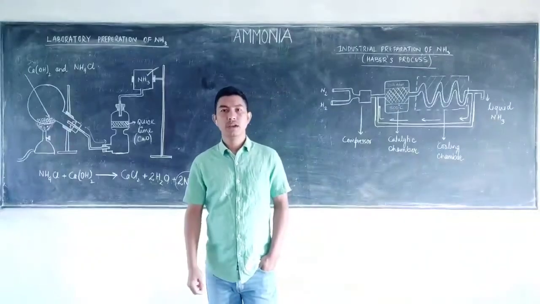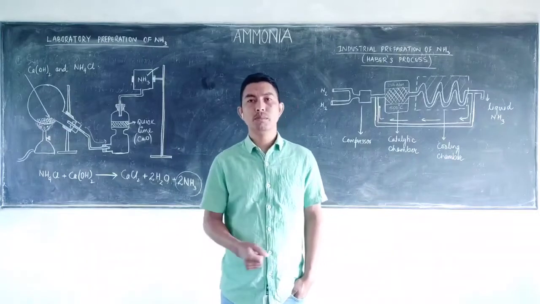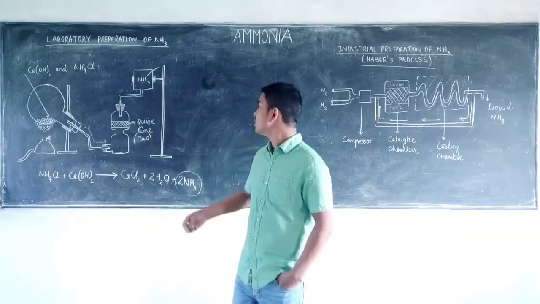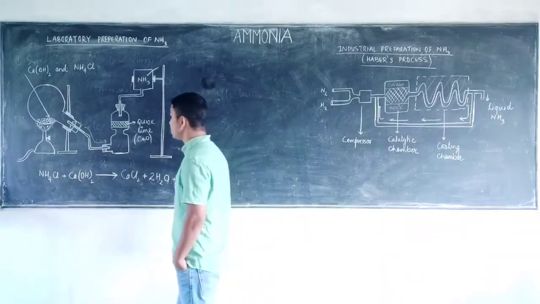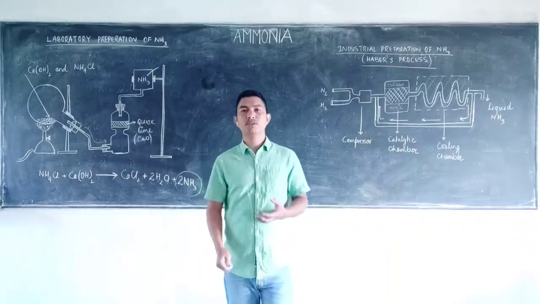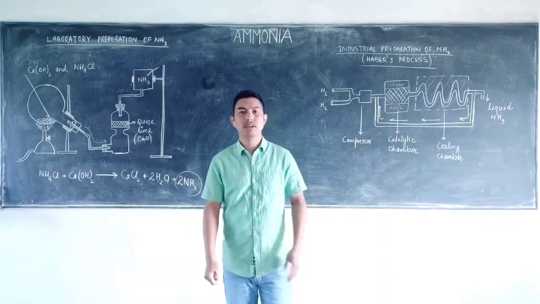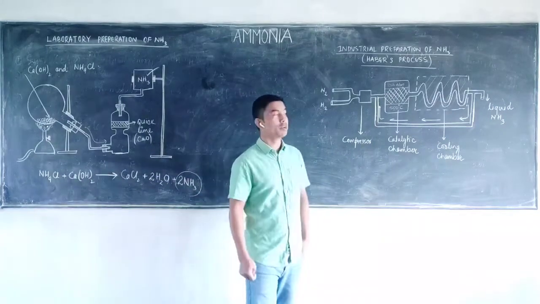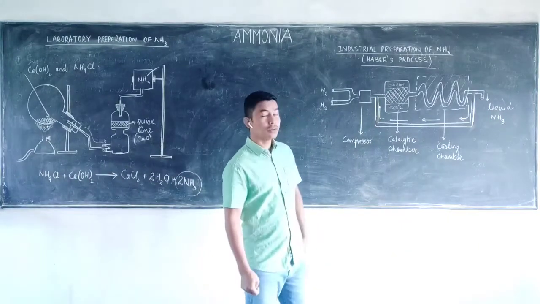Since ammonia plays a very great role in the preparation of fertilizers, producing ammonia in a small quantity in the lab is not sufficient. So ammonia is required to be produced on a very large scale, which is known as the industrial preparation of ammonia. So in this process, what is done?